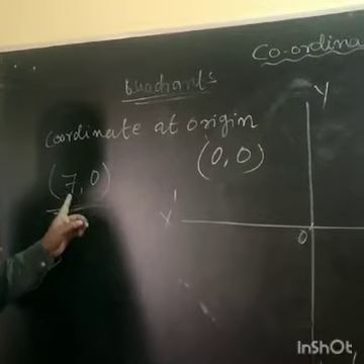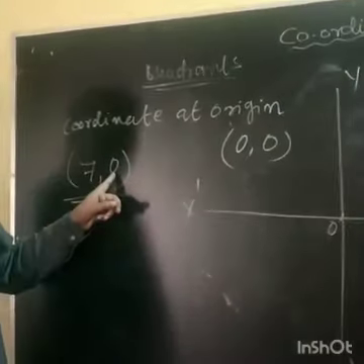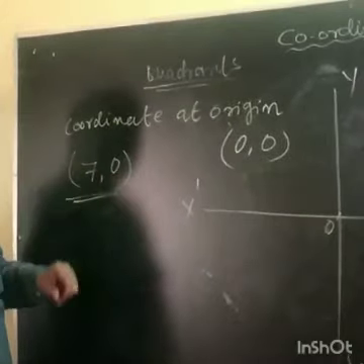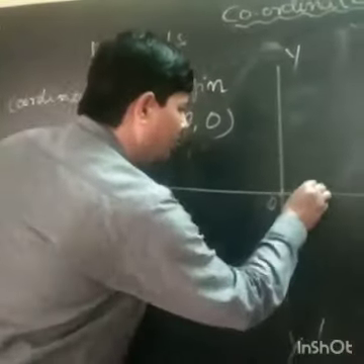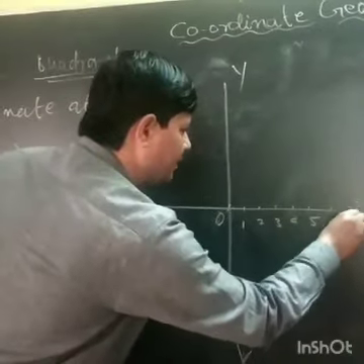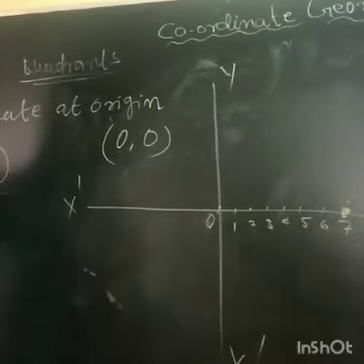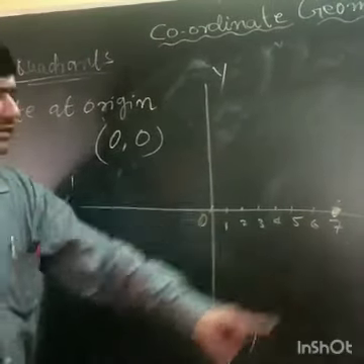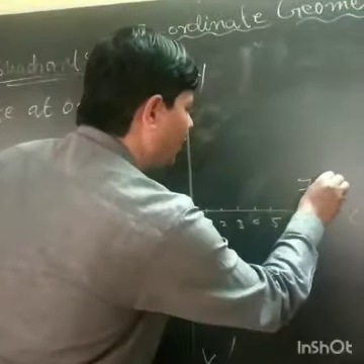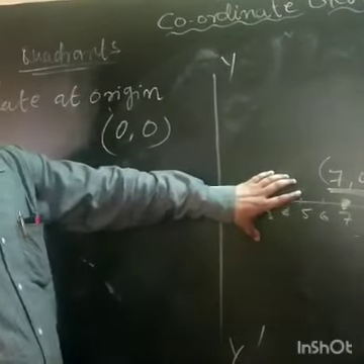Where does it lie? It lies on the axis. Since its y coordinate is 0, locate this point: 1, 2, 3, 4, 5, 6, 7. Since y is 0, the location is this. Here it is 7, 0. It lies on the x-axis.